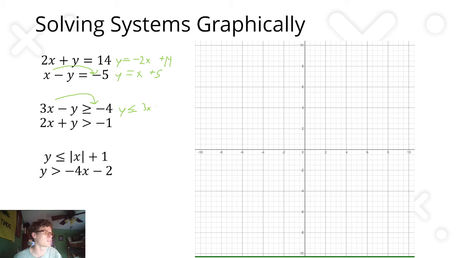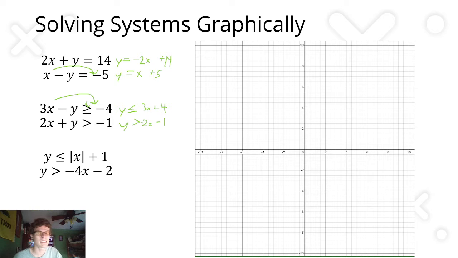Why did the sign flip? Because remember, if you multiply or divide by a negative, it flips, all right? This one, you get y is greater than -2x minus 1, my mistake, all right? For this one, you have it already in slope-intercept form, so you don't have to worry about it.